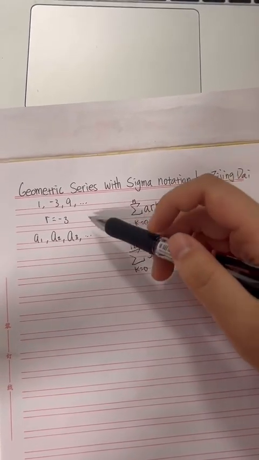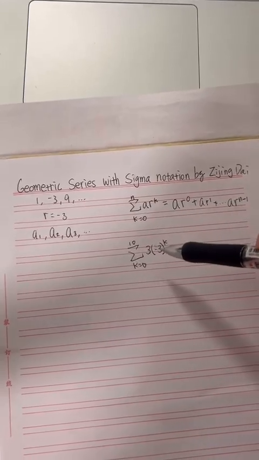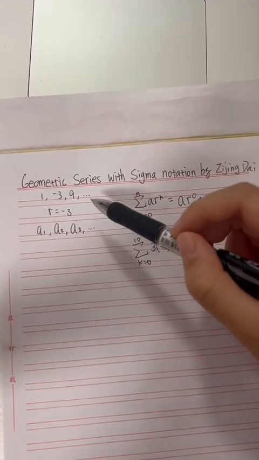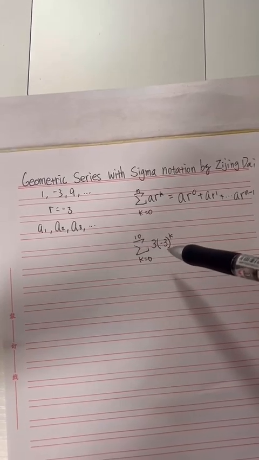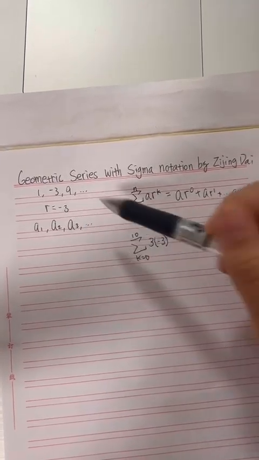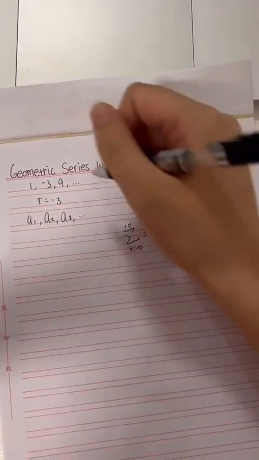This common ratio is the same as this, so we are assuming a situation where there are 10 numbers, and we can start at k equals 0, and we start at 3. So only the common ratio is the same as in this problem.